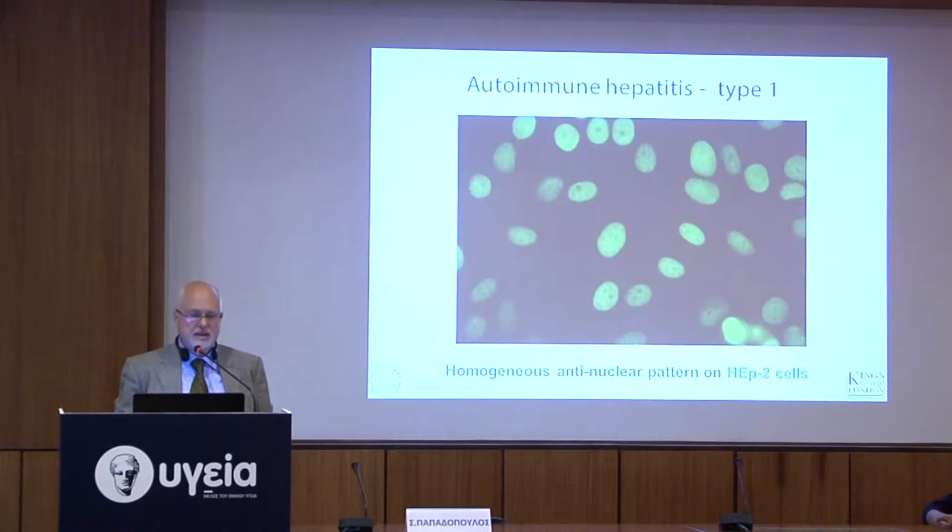And here is the typical morphology, the typical picture, which is homogeneous type of anti-nuclear antibody. Again, in biology, nothing is 100%, so in autoimmune hepatitis type 1, it is 80% of the patients who have this pattern, the homogeneous pattern, but 20% have the other pattern, which is called speckle.